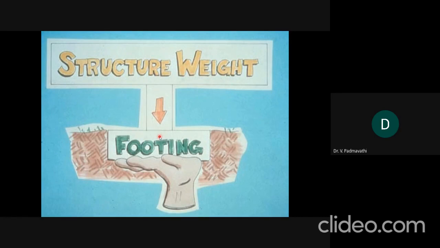Based on the strength of the soil only, we need to plan the superstructure. If the strength of the soil is not sufficient, then we can go for ground improvement techniques also. That is a different criterion. So first of all, we need to know the strength of the soil below the foundation. Is it sufficient to carry the superstructure loads or not? We need to confirm. For that sake only, we need to explore the soil.